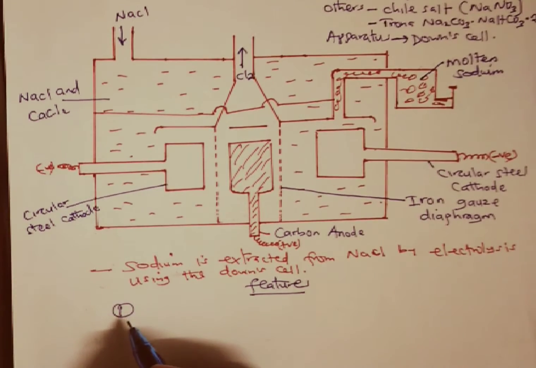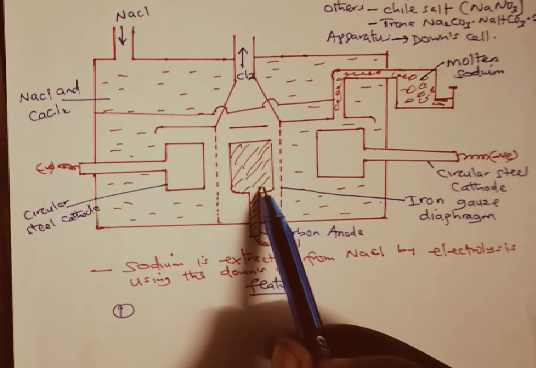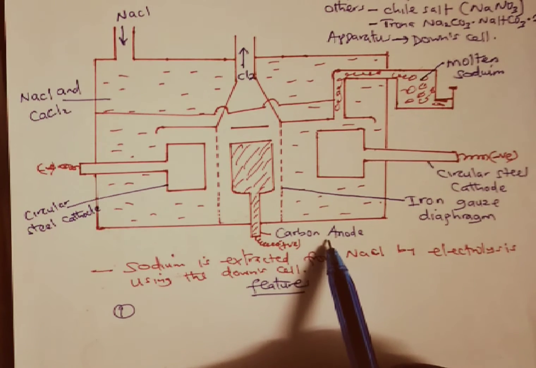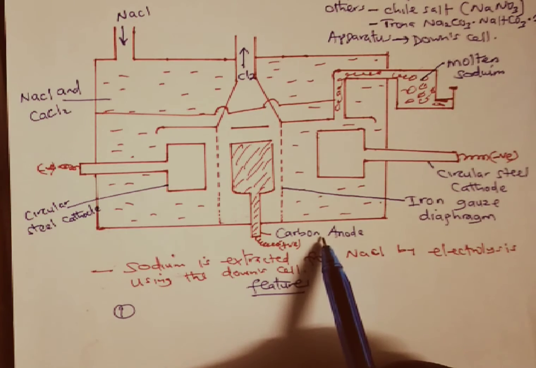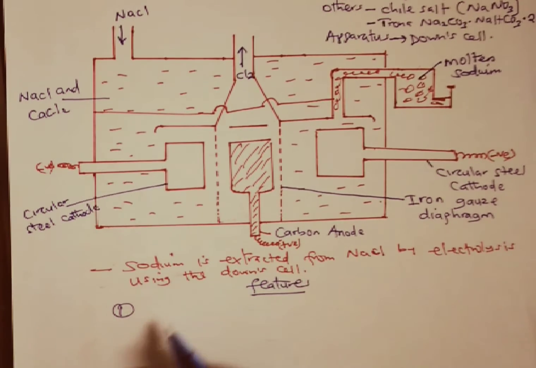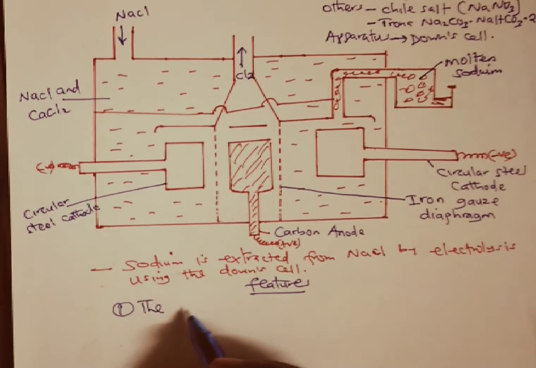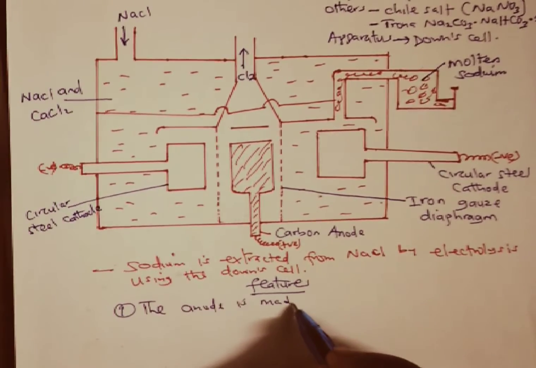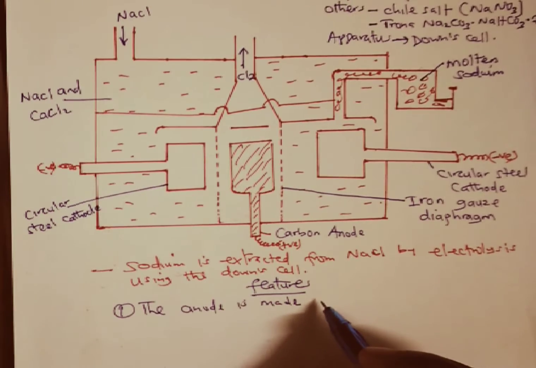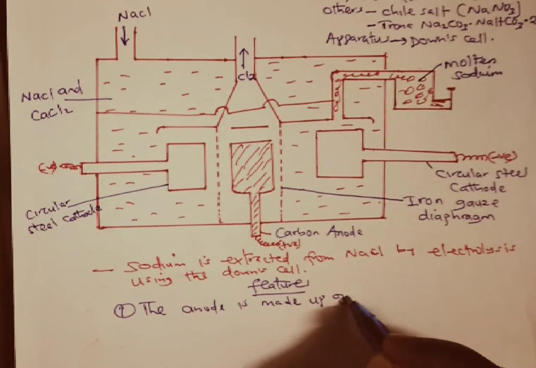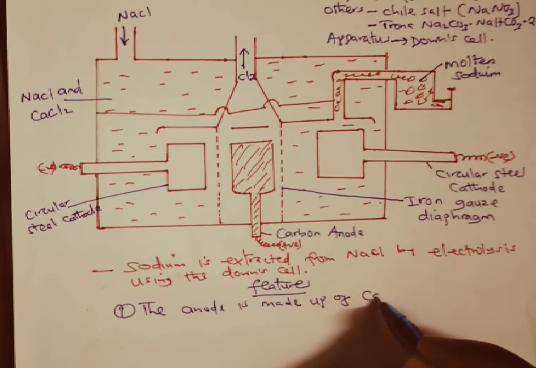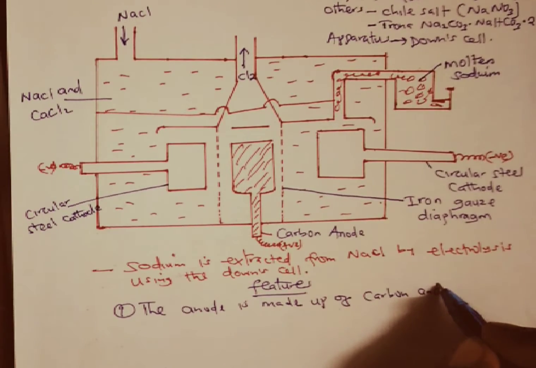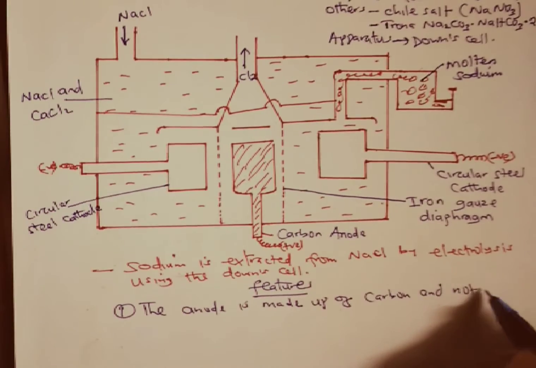Number one, we have the anode, which is made up of carbon, also known as graphite. So we can say the anode is made up of carbon and not steel.